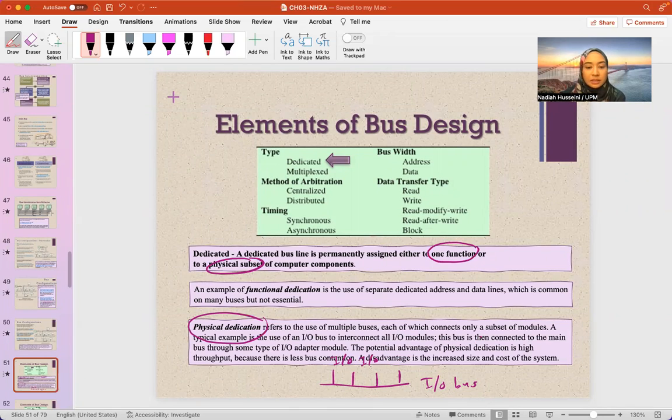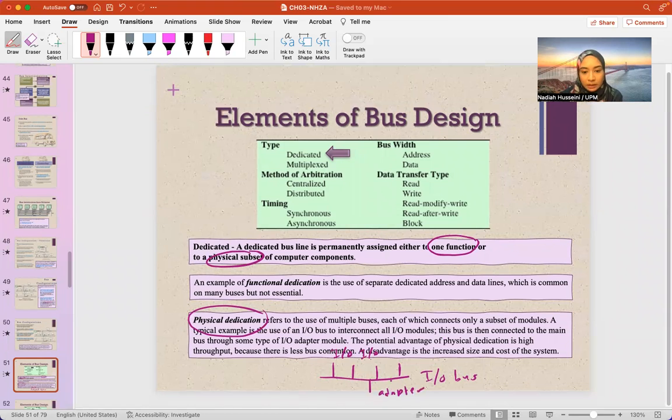This bus is then connected to the main bus through some type of I/O adapter module. So you have like an adapter over here. This is a very poor drawing, really sorry. Adapter over here that connects to the main bus. Assuming this is the main bus.